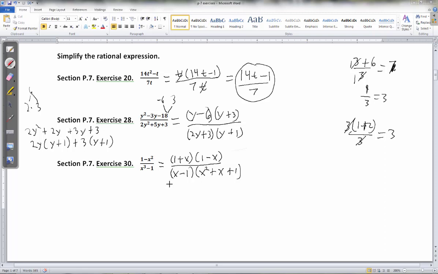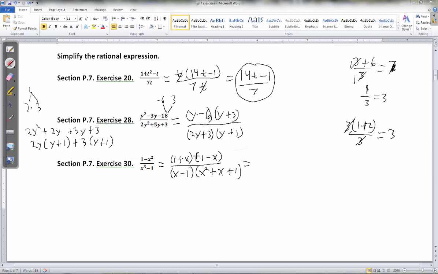Now, you might think there doesn't look like there's any common factors there either, but these two, x minus 1 and 1 minus x, are very close. In fact, they are the same factor, but they just have opposite signs. They have the exact same terms, but opposite signs. And I can fix that very easily, because I can just take one of these and factor out a negative 1.